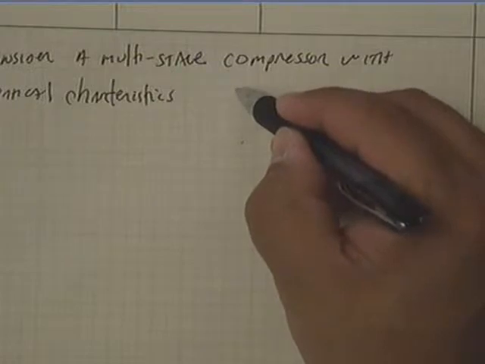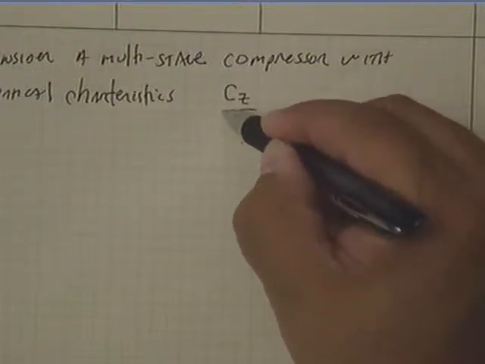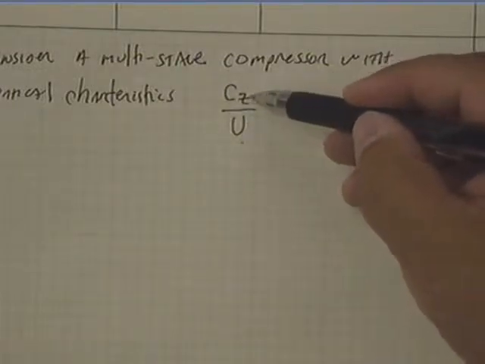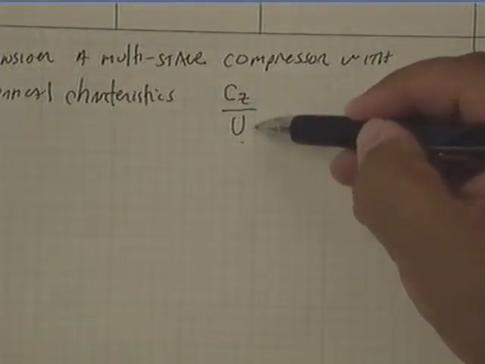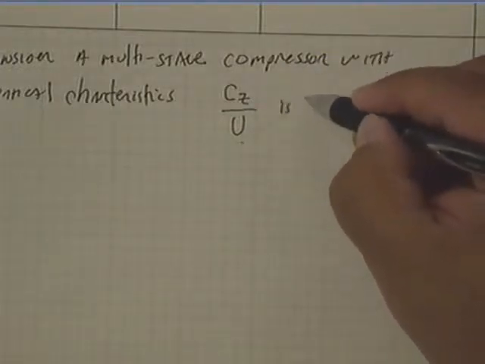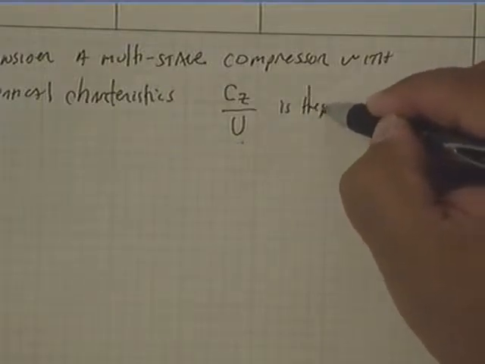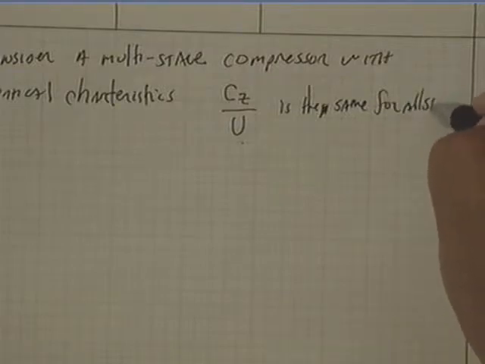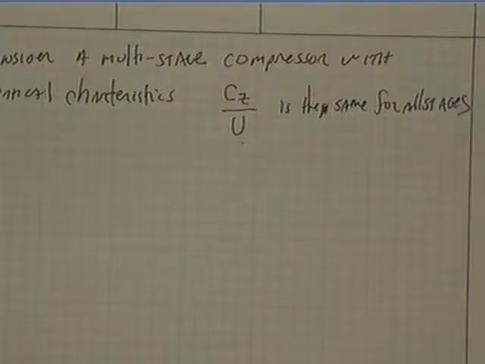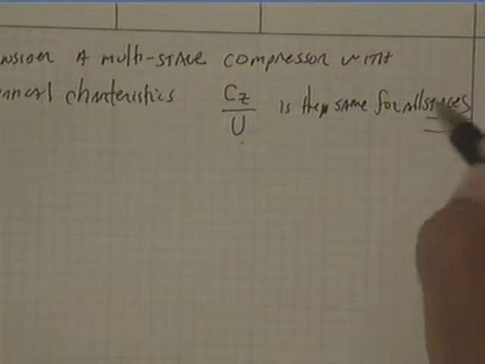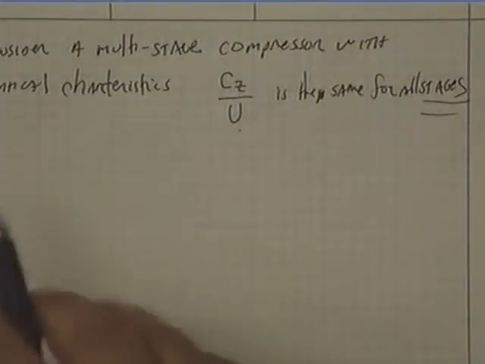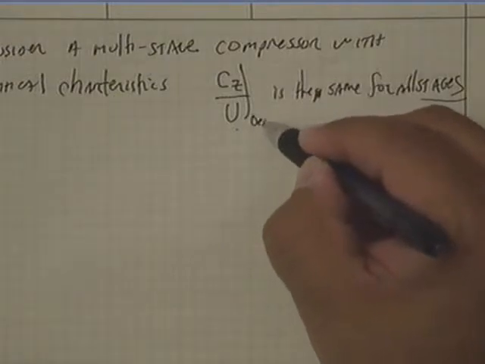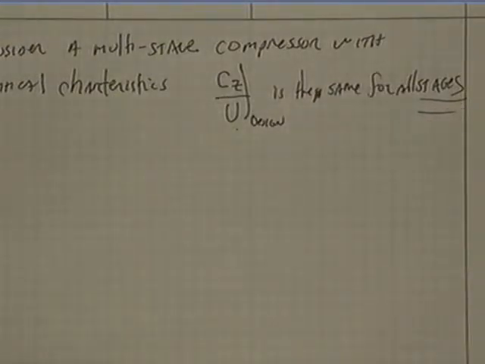So what that means is that CZ over U, the normalized axial velocity normalized to the wheel speed, is the same for all stages. Right? So that's what I mean by identical characteristics. So this is some design value. The air angles and all this are designed such that that ratio is the same for all the stages.